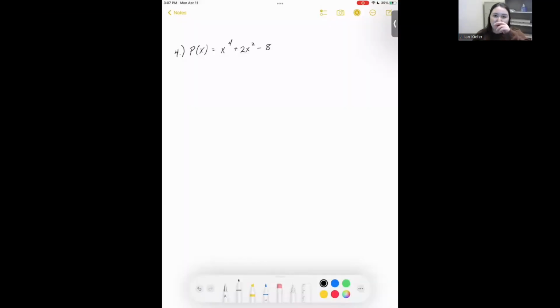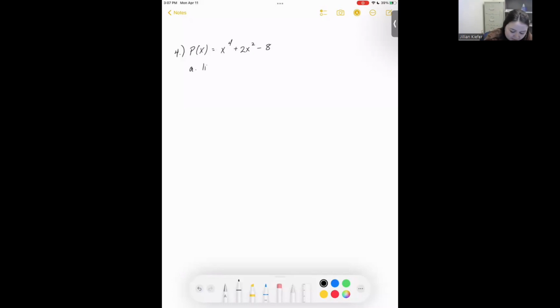All right, so example 4, we've got this polynomial p of x is equal to x to the power of 4 plus 2x squared minus 8. We want, A, to factor into linear and irreducible factors, and part B, we'll just factor it completely, pretty much like how we've been doing all section.